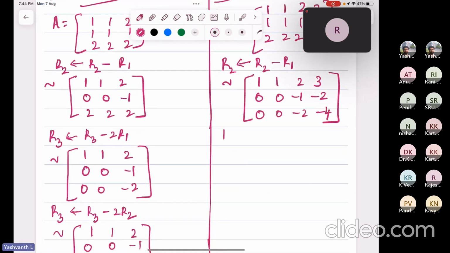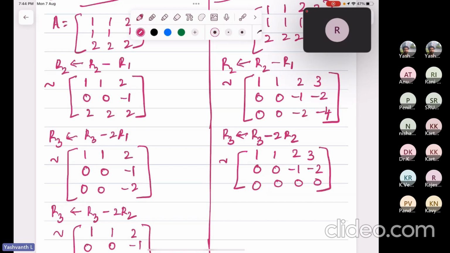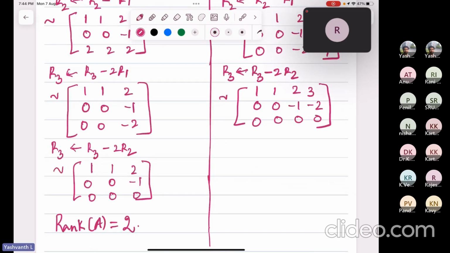Then R3 becomes R3 minus 2R2, that gives 1 1 2 3, 0 0 minus 1 minus 2, 0 0 0 0. Therefore rank of A augmented with B equals 2.